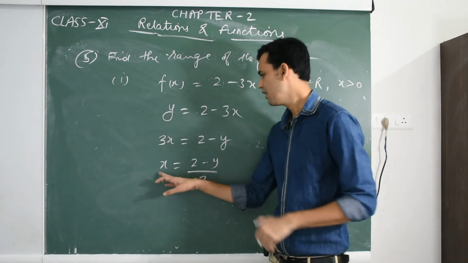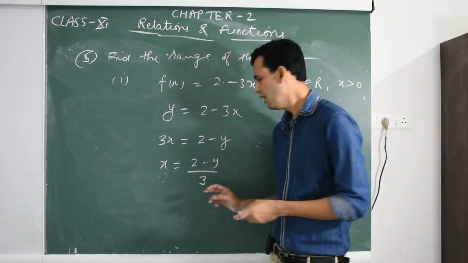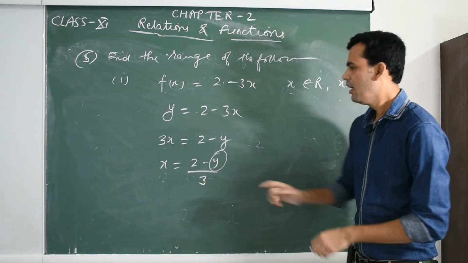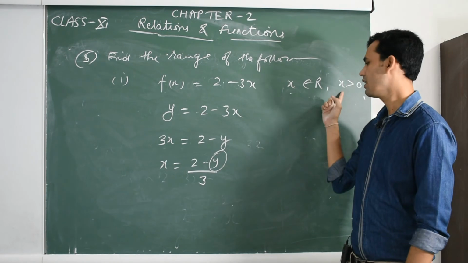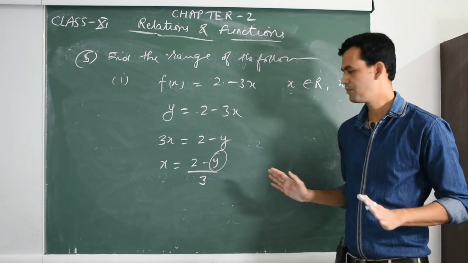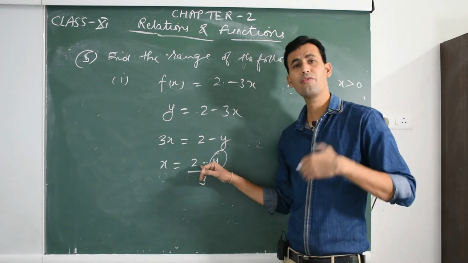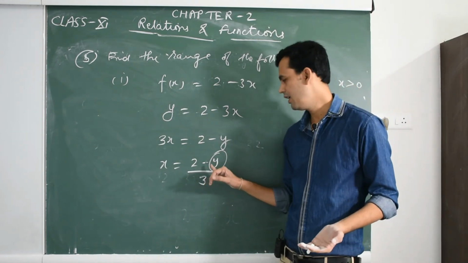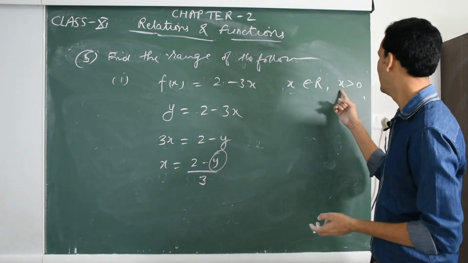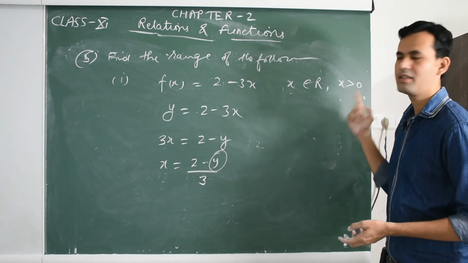So we change it in the form of x equals 2 minus y upon 3. So values of y are called range here, and x is always greater than 0, so we have to put values of y less than 2. Because if we put values of y greater than 2, then we get negative numbers, and here we have to find the values of x greater than 0.